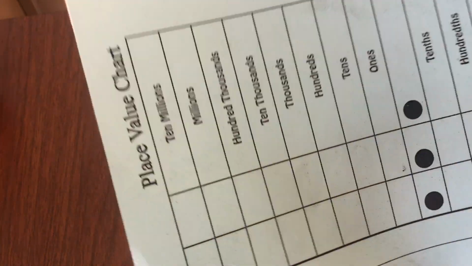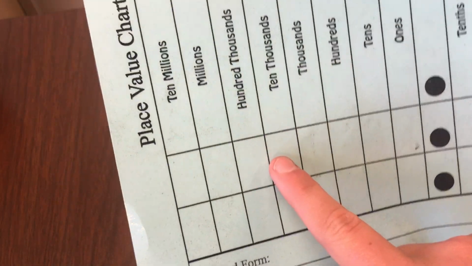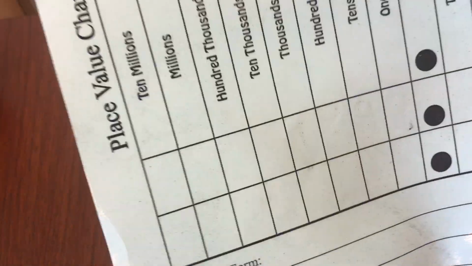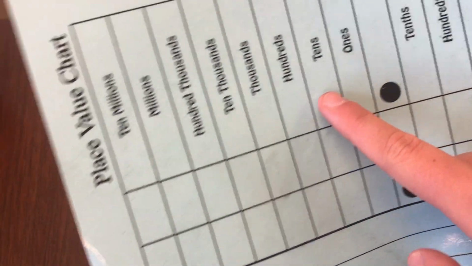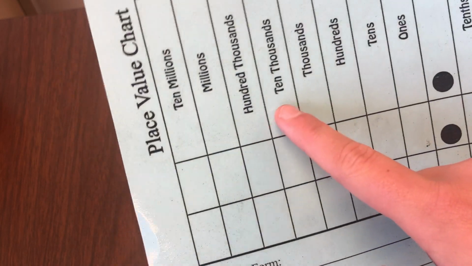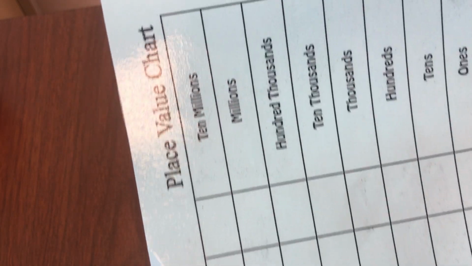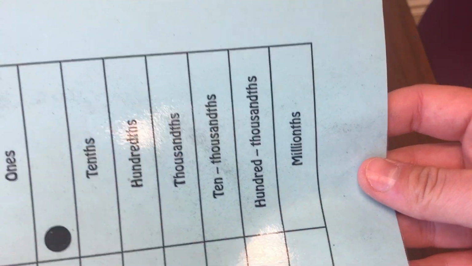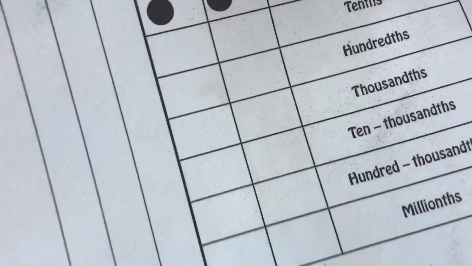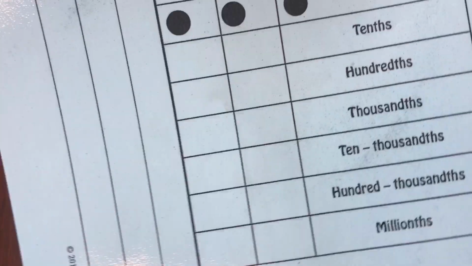So let's talk about some decimals. We know that on the left side of the place value chart, it goes ones, tens, hundreds, thousands, 10,000s, 100,000s, millions, 10 millions. Okay, but we know it increases, so what do you think happened on the right side? That's right. You're going to get smaller on the right side. We start at tenths.